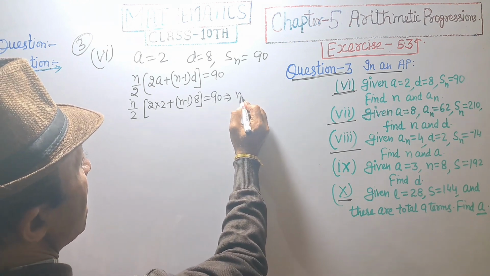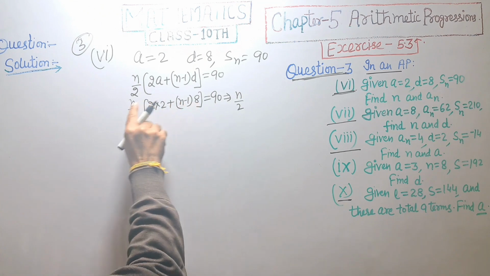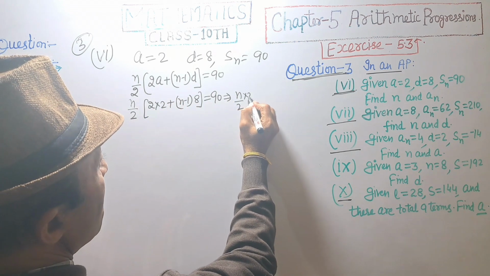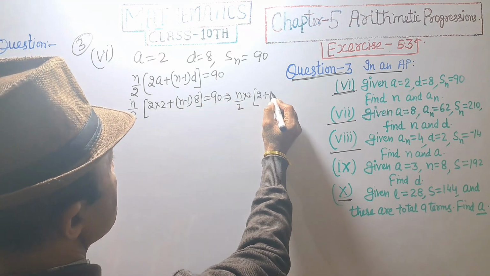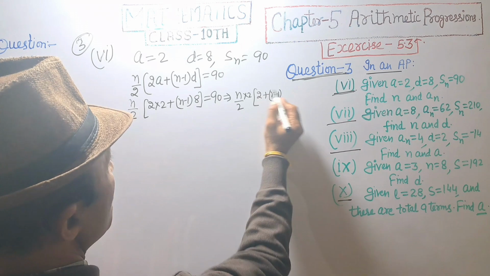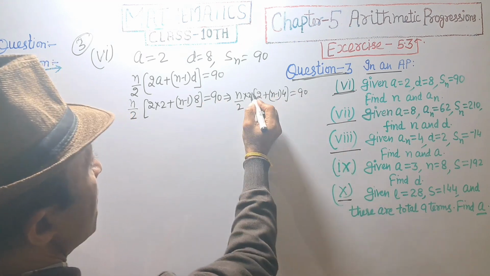This implies n upon 2, we are taking 2 common in the bracket: 2 plus (n minus 1) into, taking 2 common, here 4, is equal to 90.